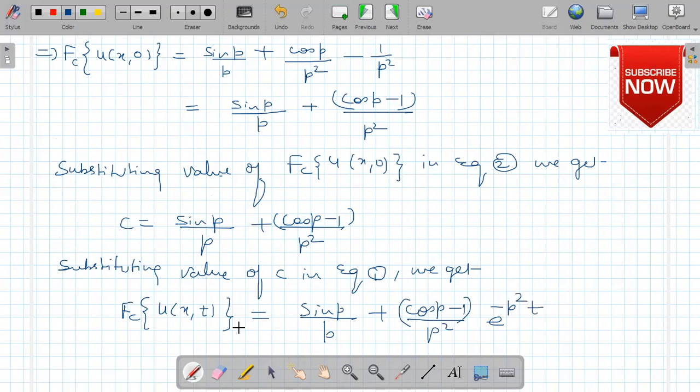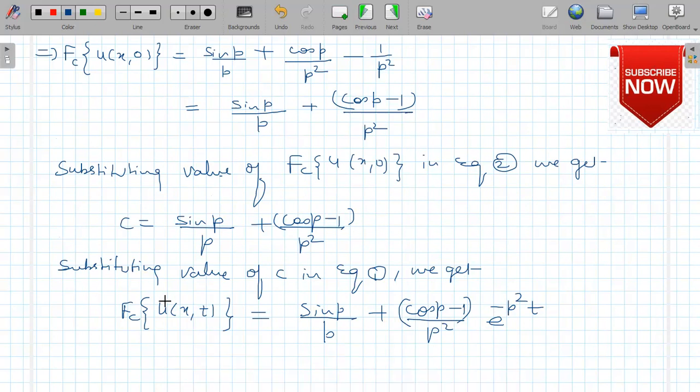Now we'll take the Fourier cosine inverse of this whole expression to get the value of u(x, t). Okay, u(x, t) is nothing but the Fourier cosine inverse of this whole expression.